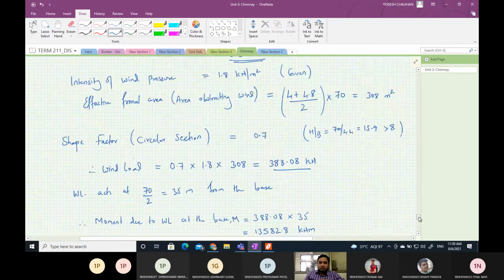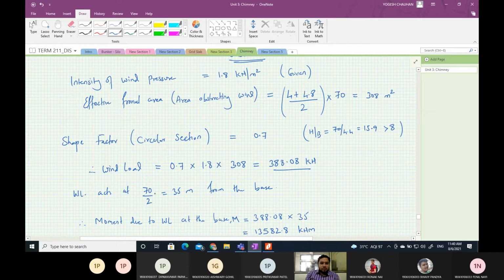So that is the effective frontal area: 4.4 into 70 gives you 308 meters square. Then the shape factor for circular section is 0.7. So wind load is 0.7 into 1.8, that is the intensity of wind pressure, multiplied by the effective frontal area. It comes out to be 388.08 kilonewton.